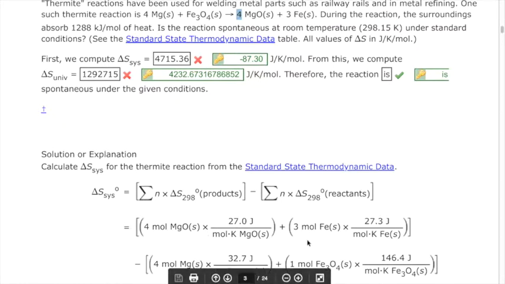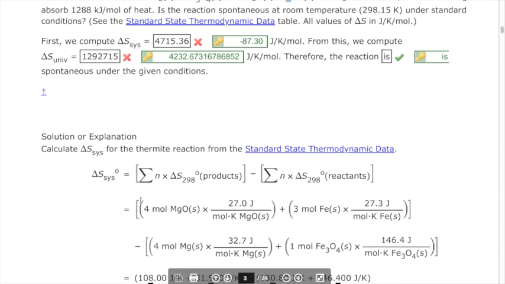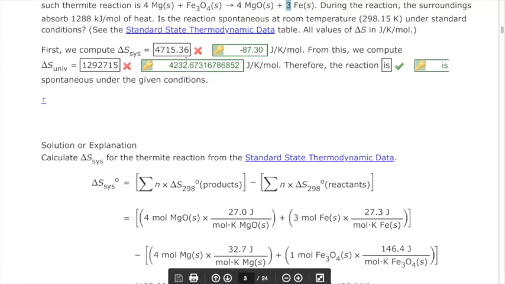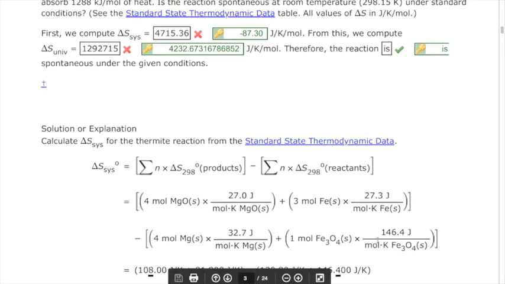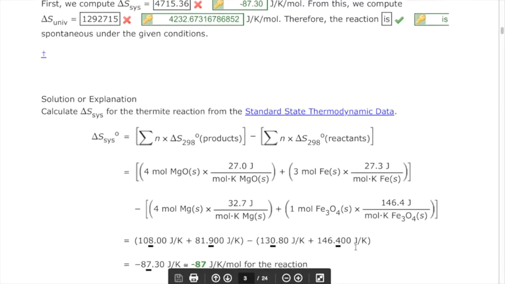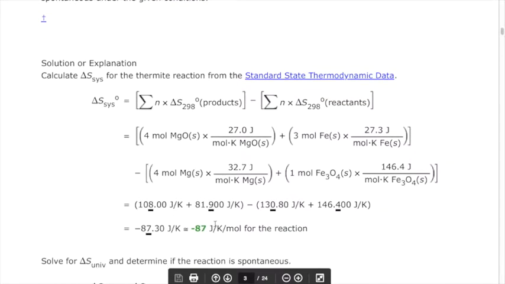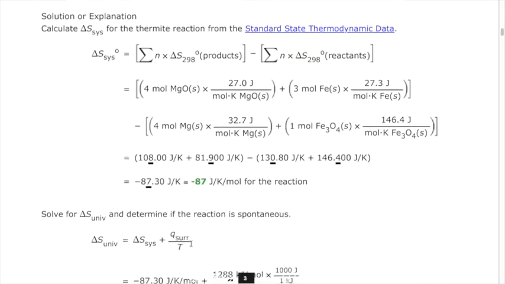So 4 times that value, 3 times this value because of this 3, and then all of that is bracketed to become one value when it simplifies, minus the reactants. So 4 times Mg and just 1 times Fe3O4, which we have here. So we calculate delta S system that way, and we get negative 87.30 joules per Kelvin.